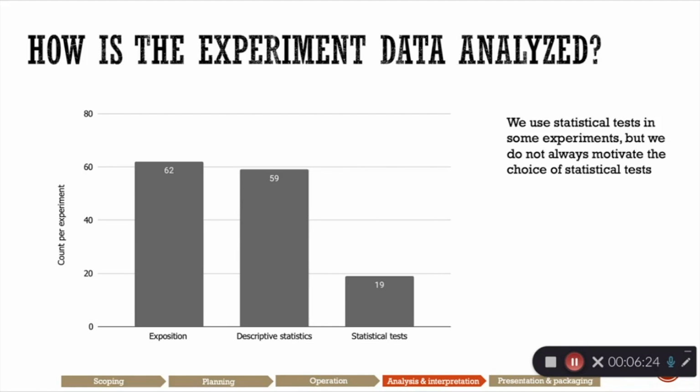And statistical tests are on top of extra statistics. Also, statistical tests have been executed. We know that even though there are some statistical tests in some experiments, there are not so many, and also the choice of statistical test is not always motivated.